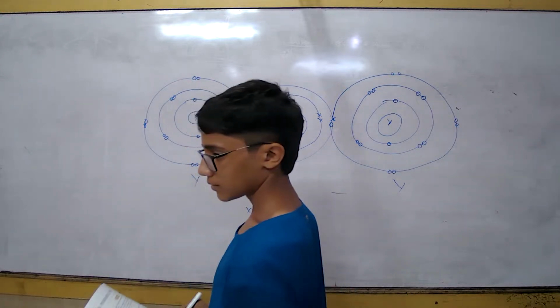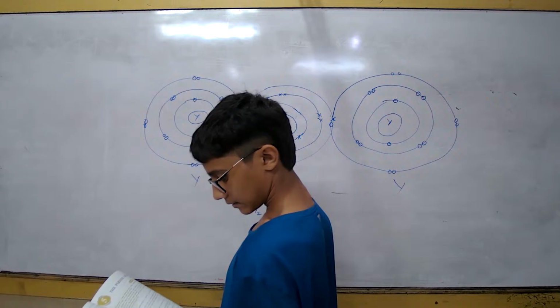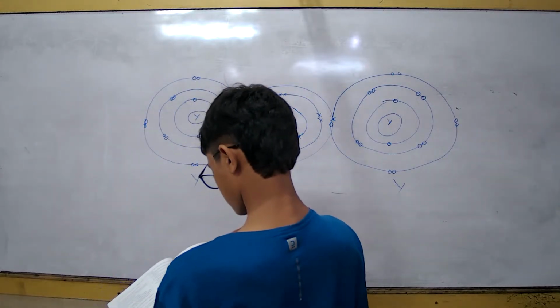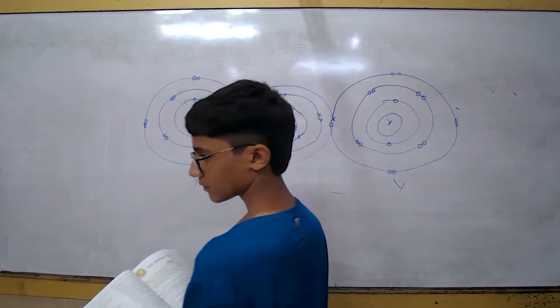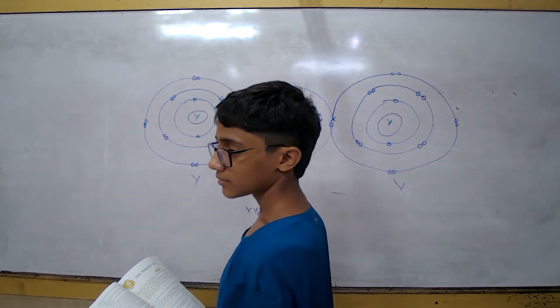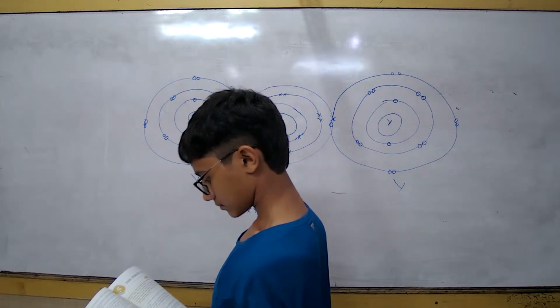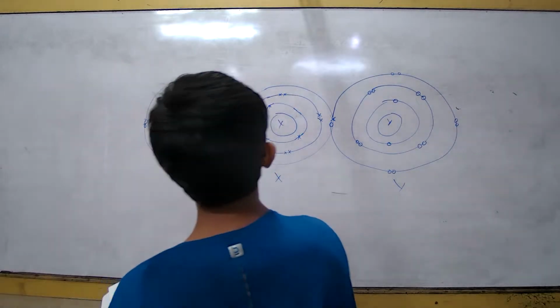Which inert gas electronic configuration will element X and Y acquire? It's an inert gas. Inert gas is what? Group 8, no? All inert gases. Argon, neon, krypton, xenon, radon.